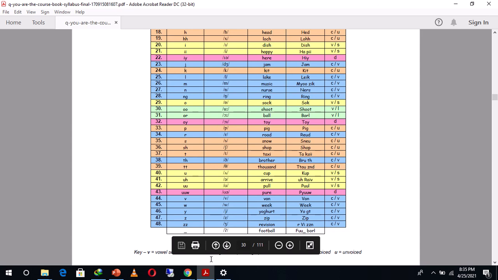Number 47, that's a Z sound like zip. And number 48, that's a Z sound, like you say vision, revision, pleasure. So ja is a sound which is produced by double Z over there instead of Y.